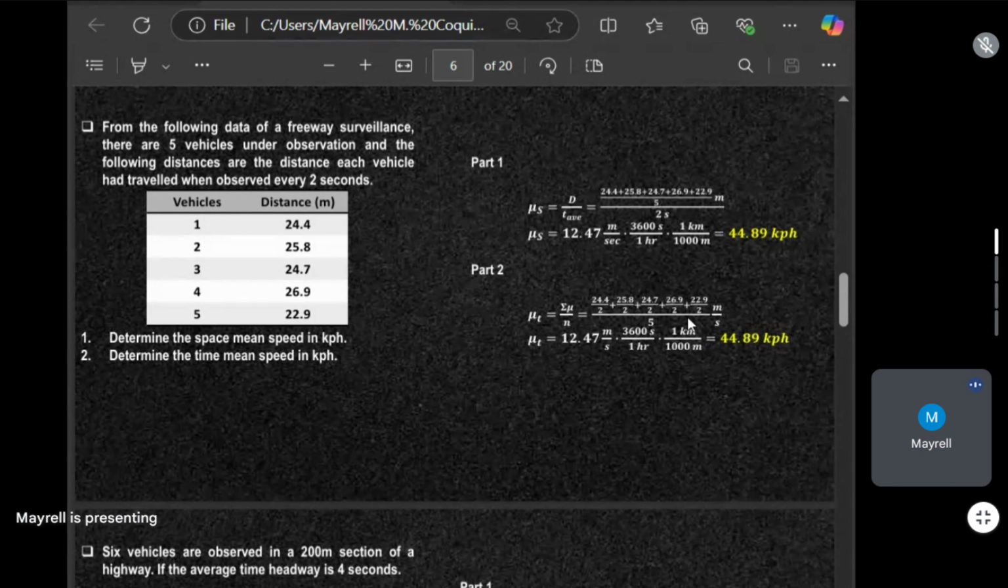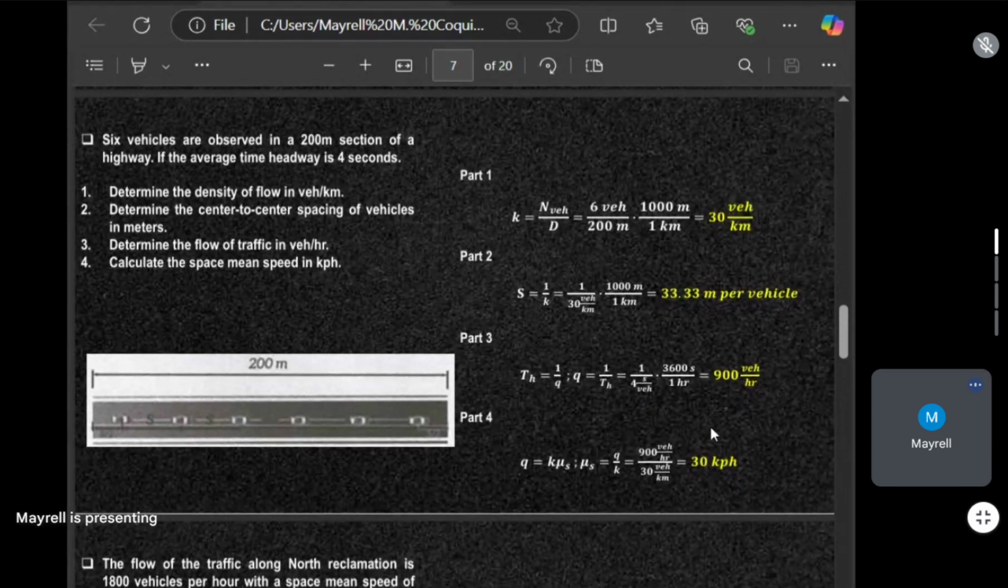So you have 12.47 meters per second, times 3,600 seconds over 1 hour times 1 kilometer over 1,000 meters. So that's 44.89 kph. Okay, so that's for this example.